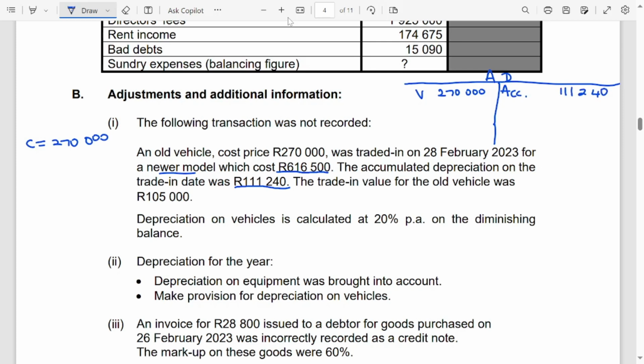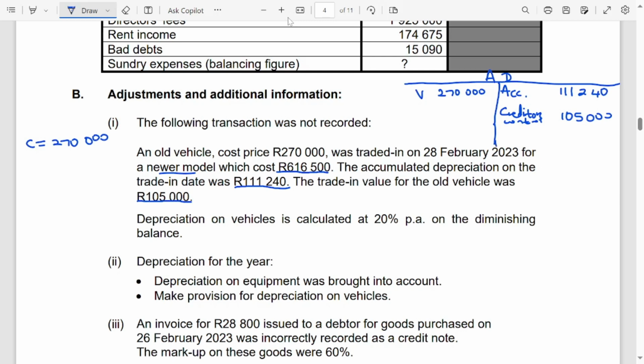Then the trade-in value for the old vehicle is 105,000. When you're trading in the asset, we call that the creditors' control because we are going to decrease the creditors' control with this amount, since we are going to owe the creditors a lower amount.